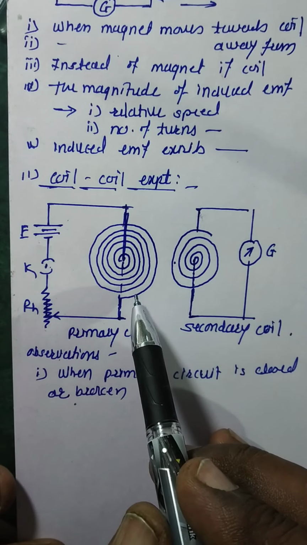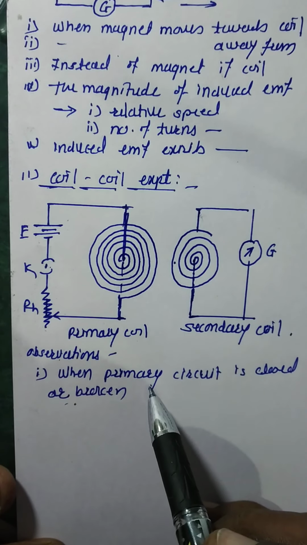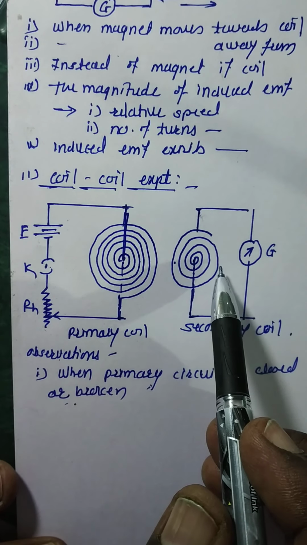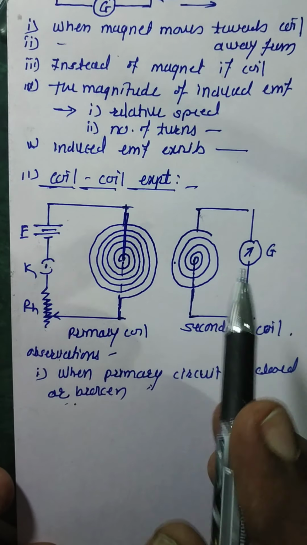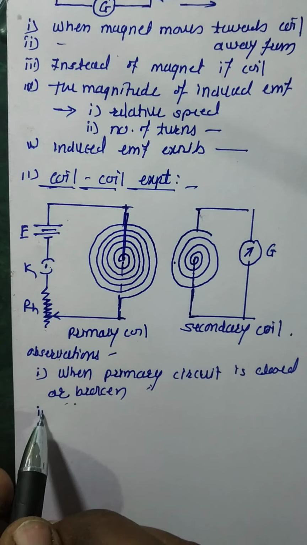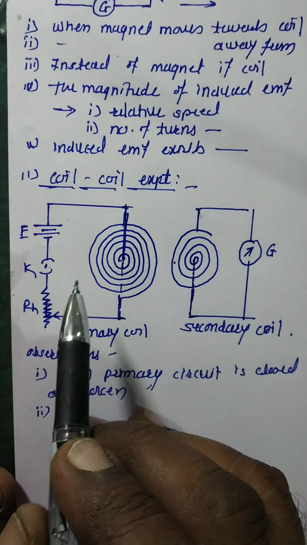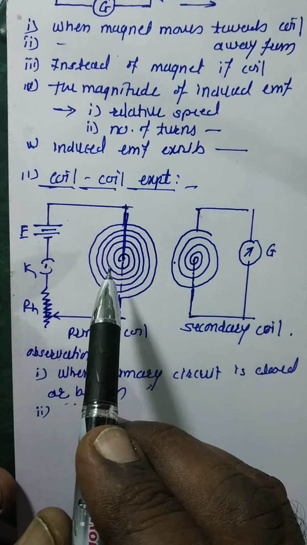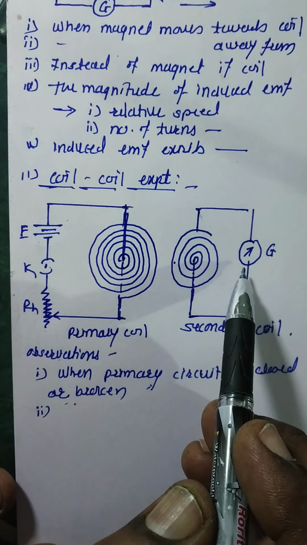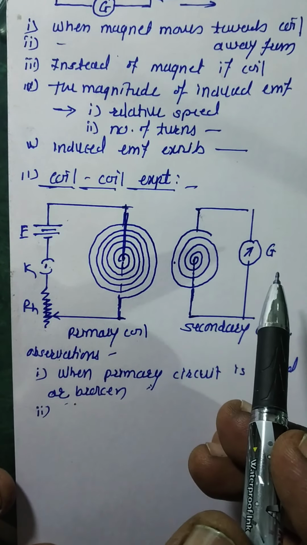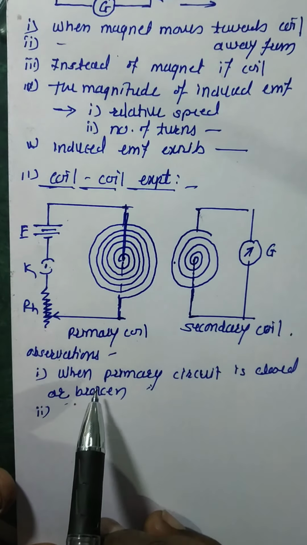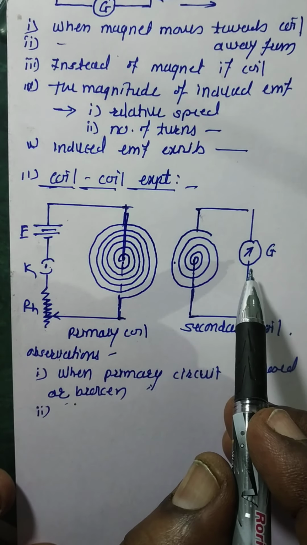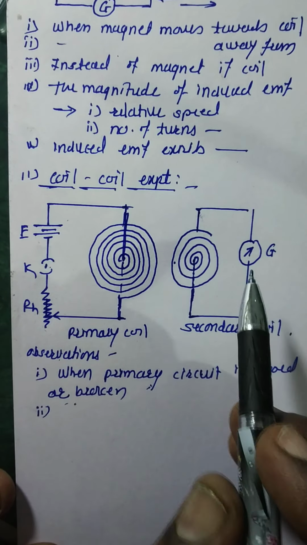When primary circuit is closed or broken, then galvanometer shows momentary deflection but in opposite directions. Second one, म्हणजे जर समजा करंट पास केला तर गॅलव्हॅनोमीटर मध्ये डिफ्लेक्शन मिळतं, करंट स्टॉप केला तर गॅलव्हॅनोमीटर मध्ये परत डिफ्लेक्शन मिळतं बट इन अपोजिट डायरेक्शन्स. When primary circuit is closed or broken, then galvanometer shows deflections but in opposite directions.